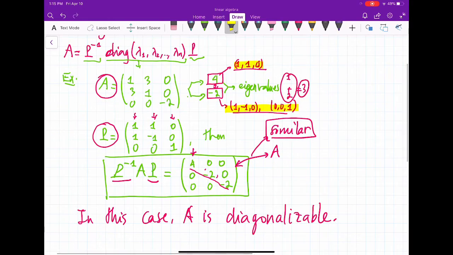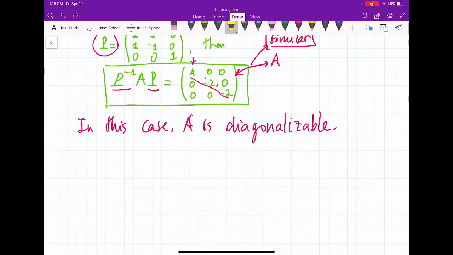We are talking about matrices, but actually we are also talking about linear transformations. Make sense? A linear transformation is diagonalizable if its matrix is diagonalizable. That's it, so I will not repeat this again. And from here, it's easy to see that two similar matrices have the same set of eigenvalues.